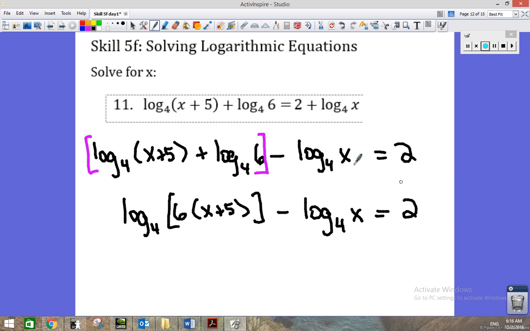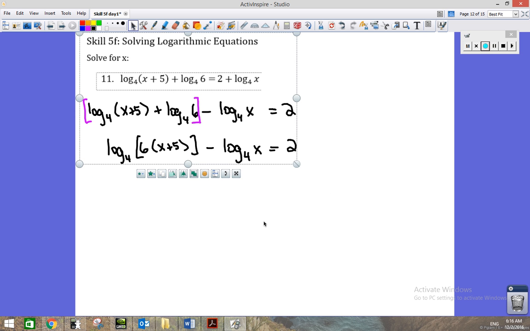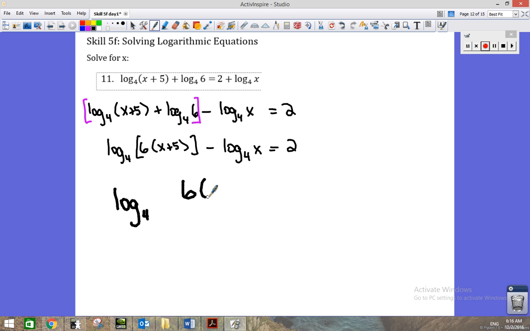By the quotient rule, if I have the difference of two logs that have the same base, I can write this as a single logarithm. I've got the log base 4 of 6 times x plus 5 in the numerator and divided by x in the denominator, and that is equal to 2.